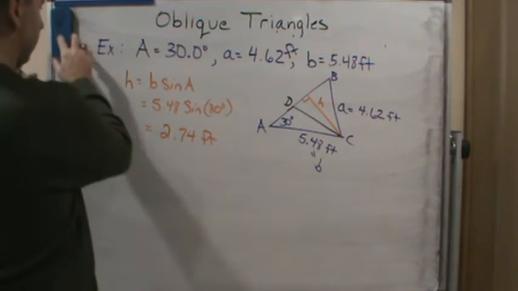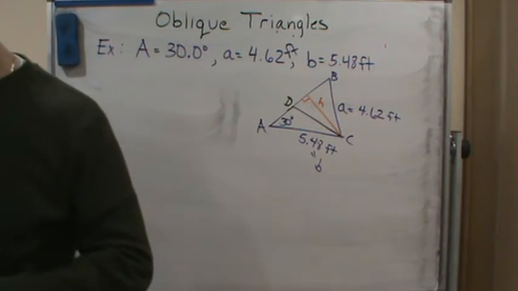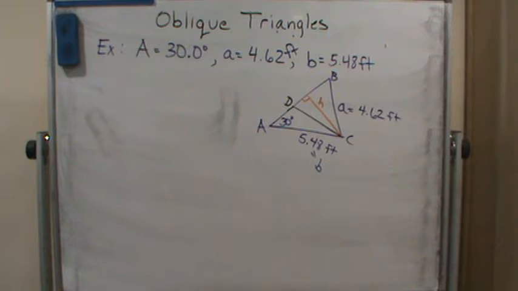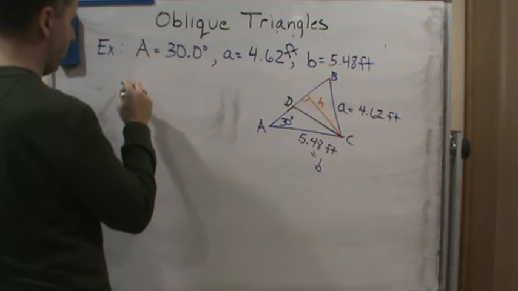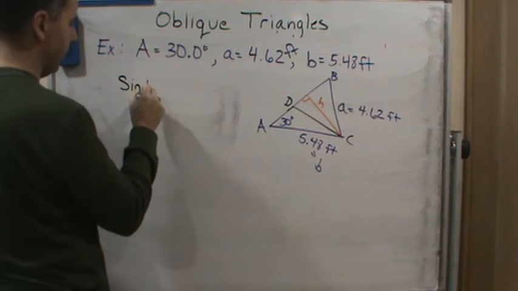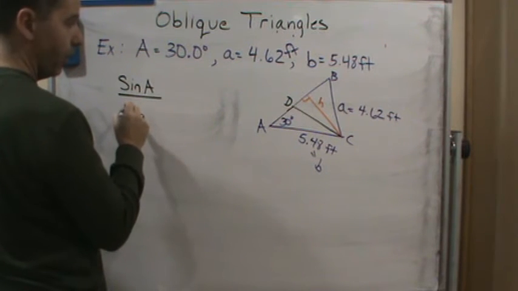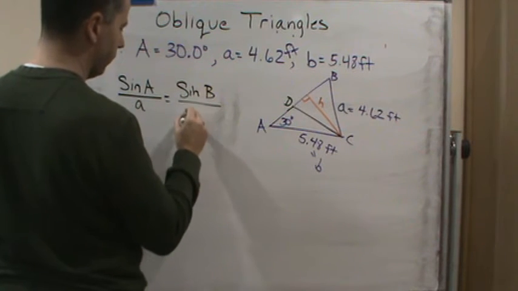Okay, so now let's set up the law of sines. Oh, hold on, we were almost there. We got the height. So sine A over a is equal to sine B over b.